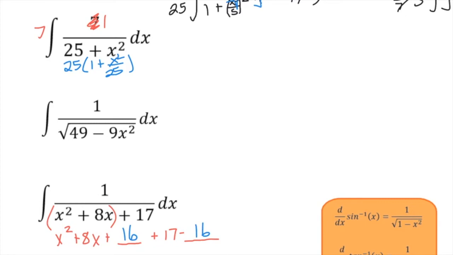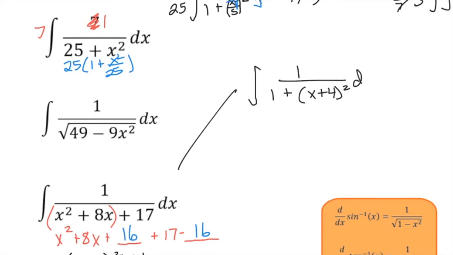But what we have done is we've made it x plus 4 squared plus 1. Let's put my integral up here with a little bit of reordering: 1 over, I'm going to put the 1 first, 1 plus x plus 4 squared. And now, look how much it looks like inverse tangent.